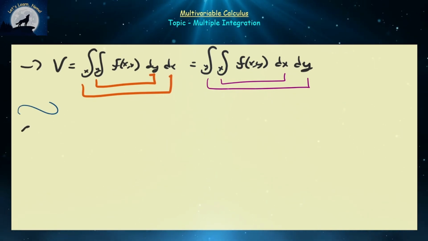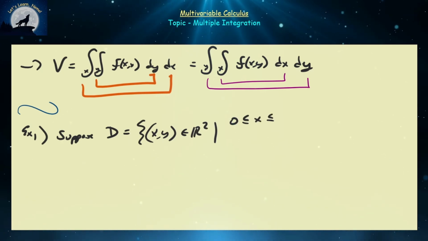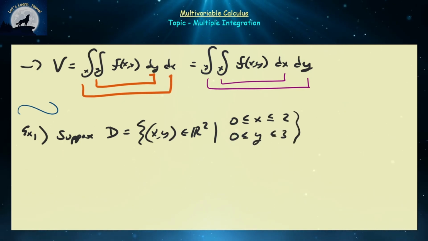So let's actually go through a very basic example. Let's suppose that our two-dimensional domain D is going to be the set of all points (x,y) belonging to R2, such that 0 is less than or equal to x less than or equal to 2, and 0 less than or equal to y less than or equal to 3.